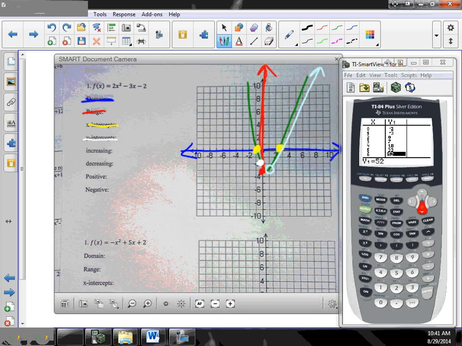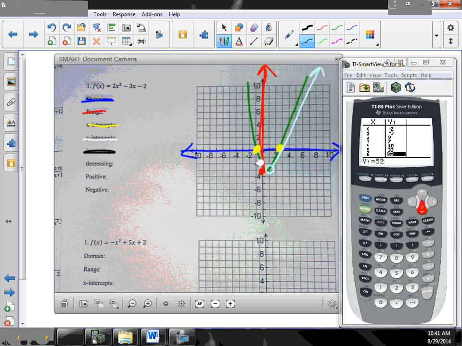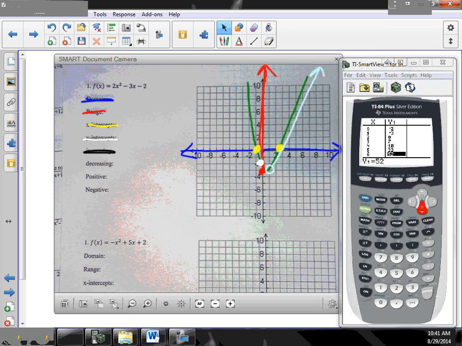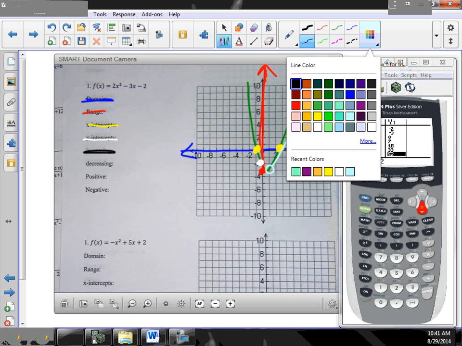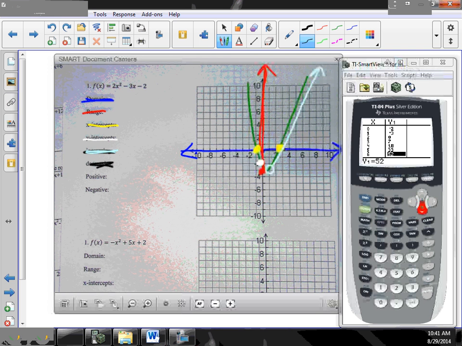So decreasing is going to be from the left side to the minimum. Is the minimum decreasing? No, so what kind of circle would we have? Another open circle. So that's my increasing. Here's my decreasing.